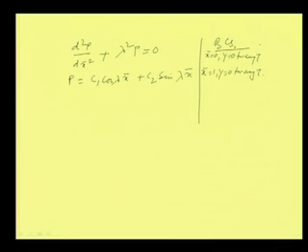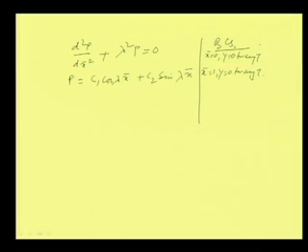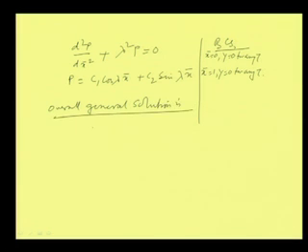Now, we have seen that there are two parts of this equation that we have taken. So the overall general solution is y equals (C1 cos λx̄ plus C2 sin λx̄) e to the power minus λ²τ.